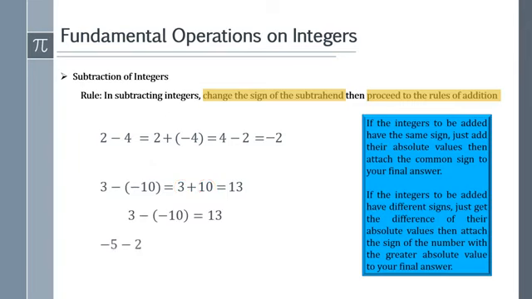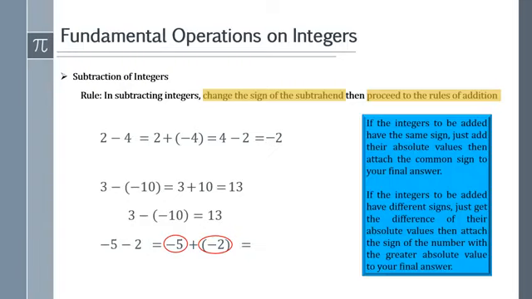Next, you have negative 5 minus 2. So, again, just copy the minuend, negative 5. Then, we have 2 as our subtrahend; change the sign. So, it becomes negative 2. Then, from minus, we make it plus. This will be the new equation. So, let's check if they have the same sign. We have negative 5 and negative 2, the same sign, right?